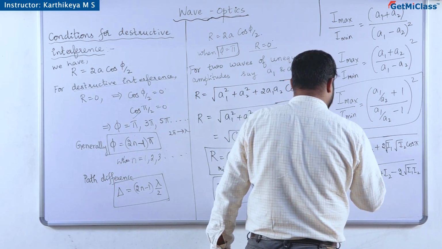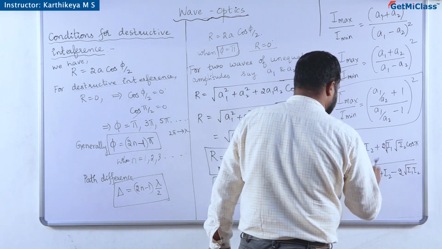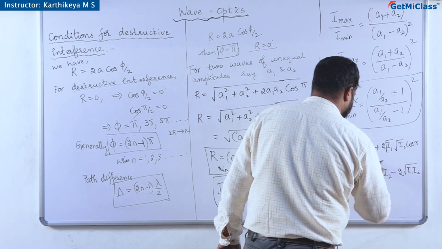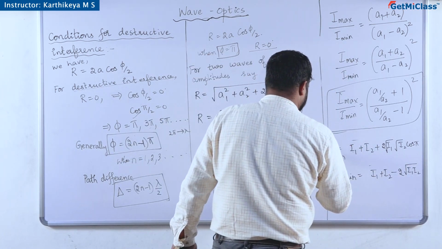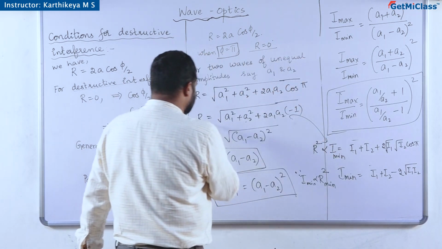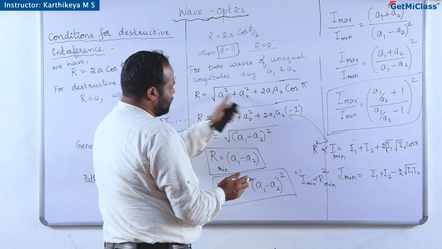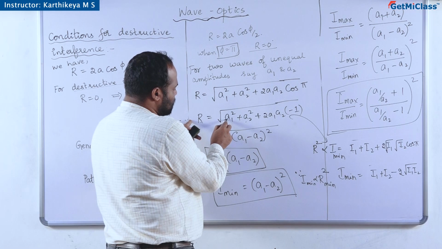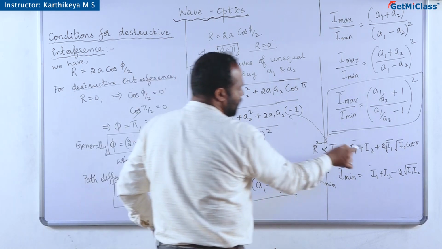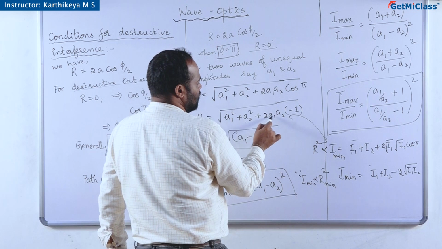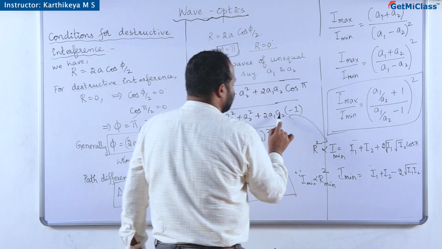Intensity is proportional to the square of the amplitude, so this root will not be there, because it is proportional to R square. So when I square it, this goes off. So A1 square is I1, A2 square is I2, and 2 into A1 is root I1, A2 is root I2, cos pi.